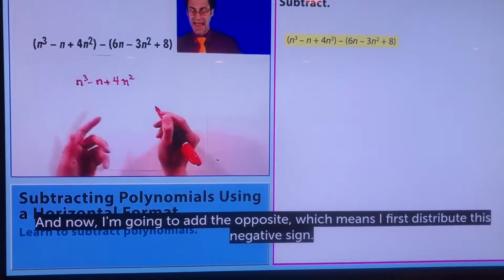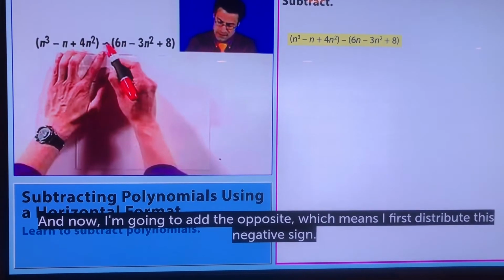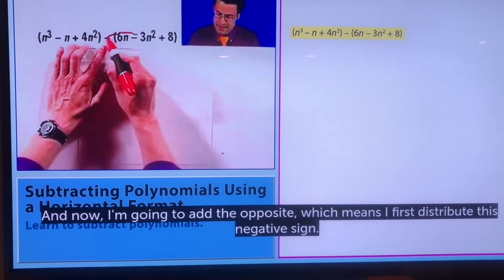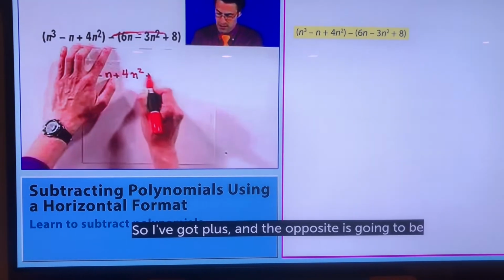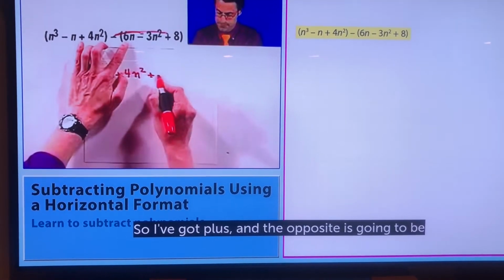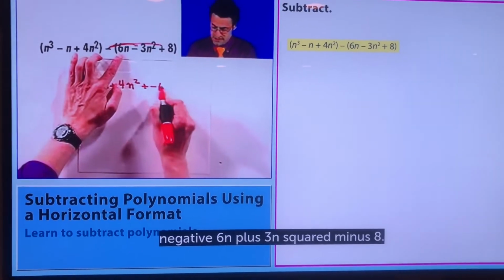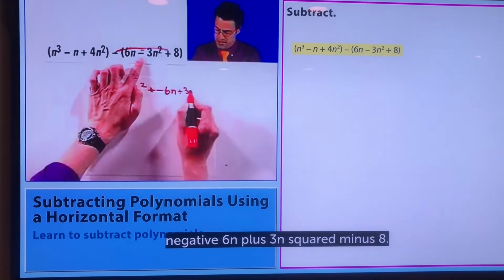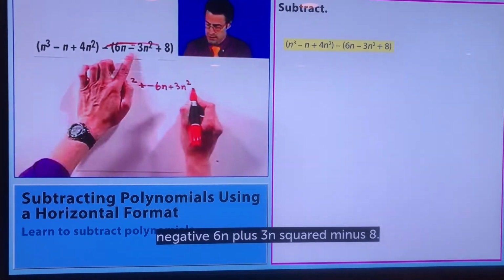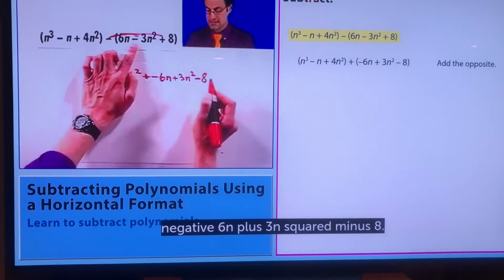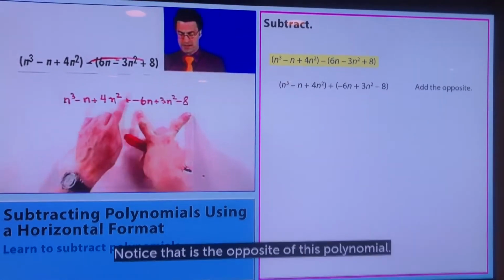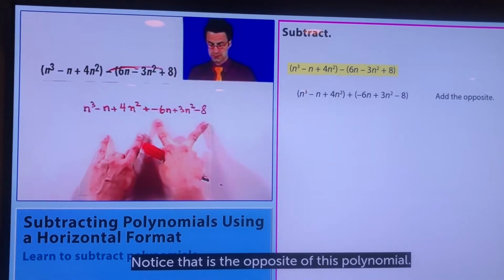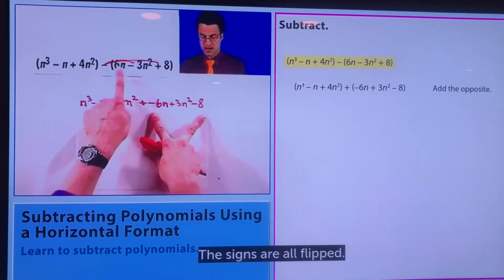And now I'm going to add the opposite, which means I first distribute this negative sign. So I've got plus, and the opposite is going to be -6n plus 3n squared minus 8. Notice that is the opposite of this polynomial. The signs are all flipped.